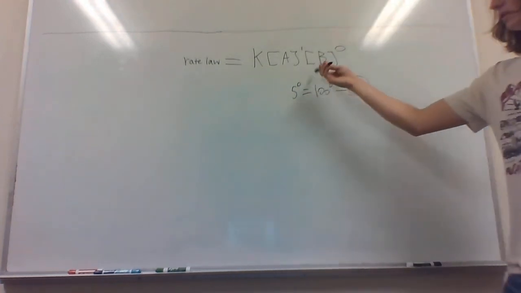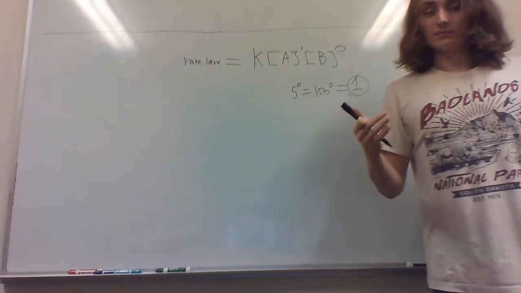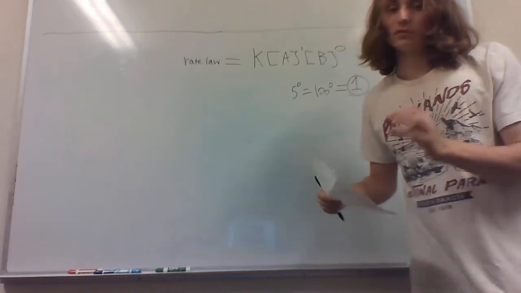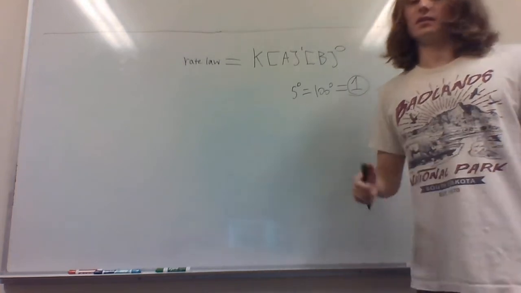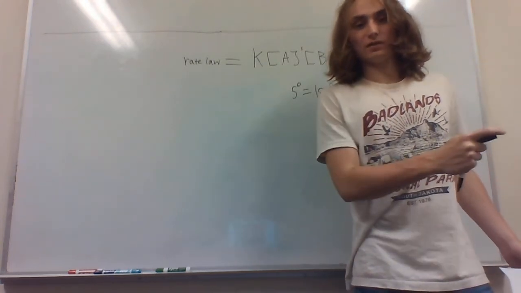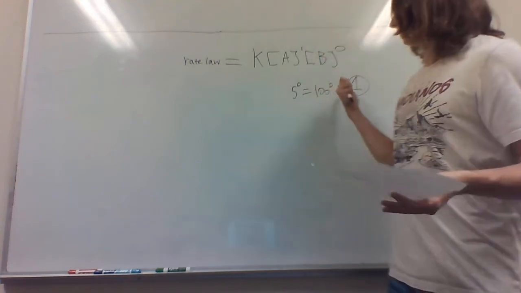It doesn't matter what the concentration of B is, it's to the power of 0, right? So it will always be 1. And in the question, it said that changing the concentration of B does not affect the rate of reaction. So we can just know it's a zero order reaction.